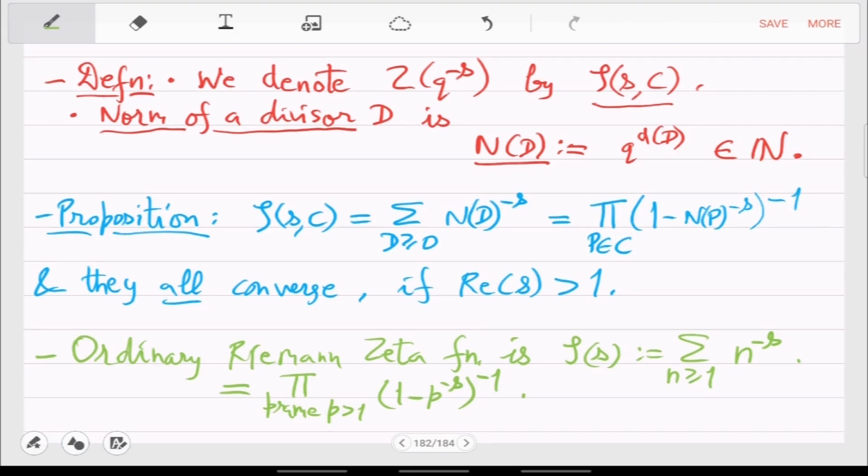So for primes 2 or more, you have the same analogous thing happening. The norm of the prime is the prime itself in this case. And it becomes a convergent series if the real part of s is greater than 1.